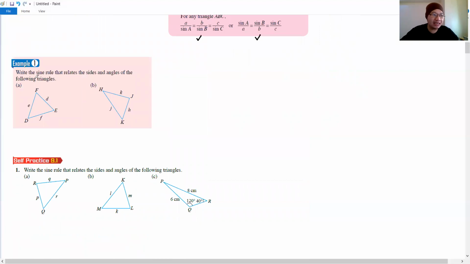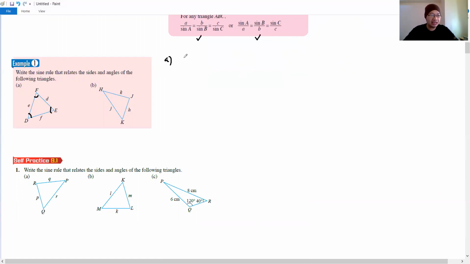Now look at the example here. Example one: write the sine rule that relates this, we need to find the relationship, right? We already discussed before. Let's say question A here, we have angle F, angle E, angle D. Let's start by writing down this angle first. I'm using the second formula.